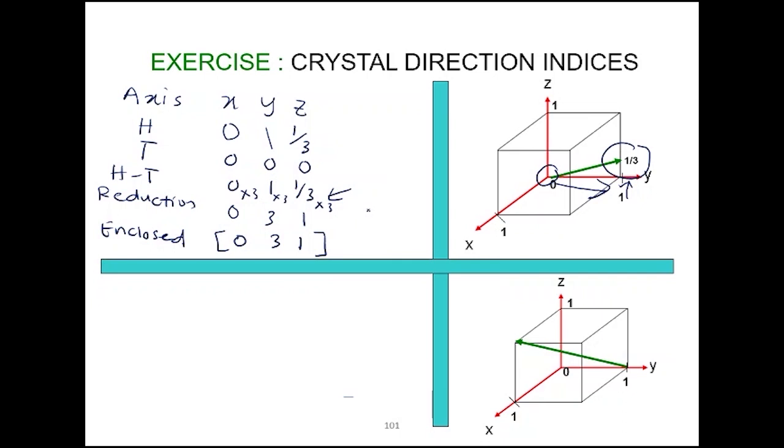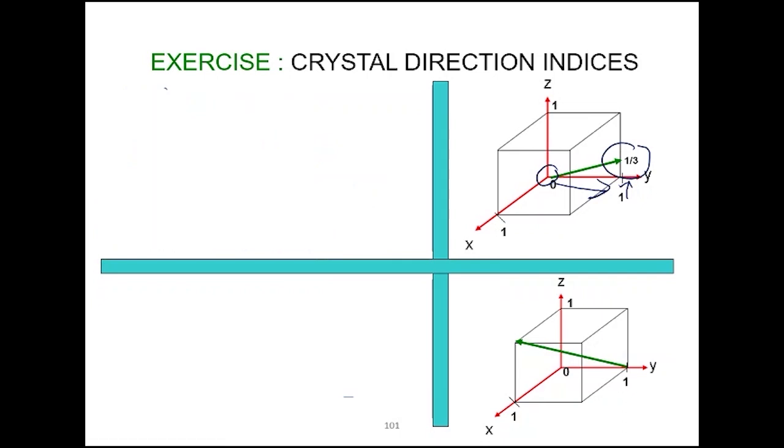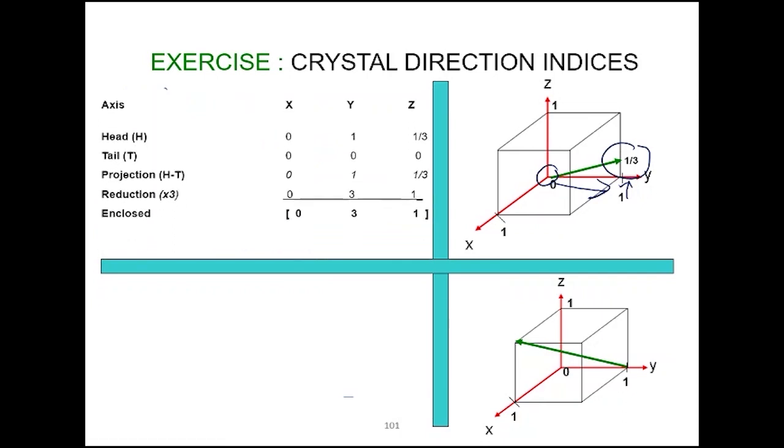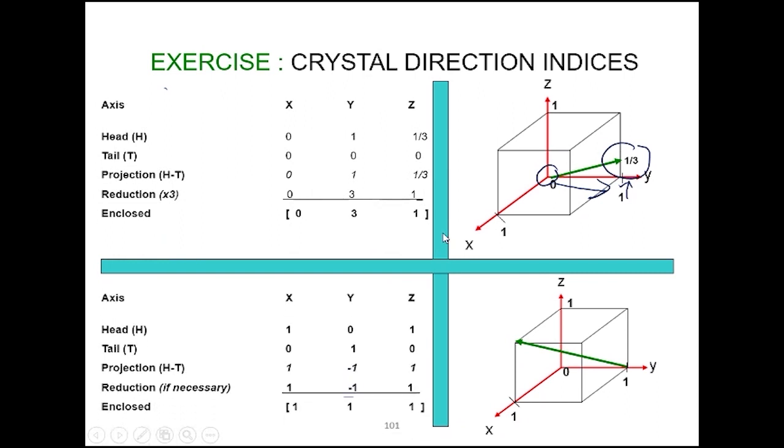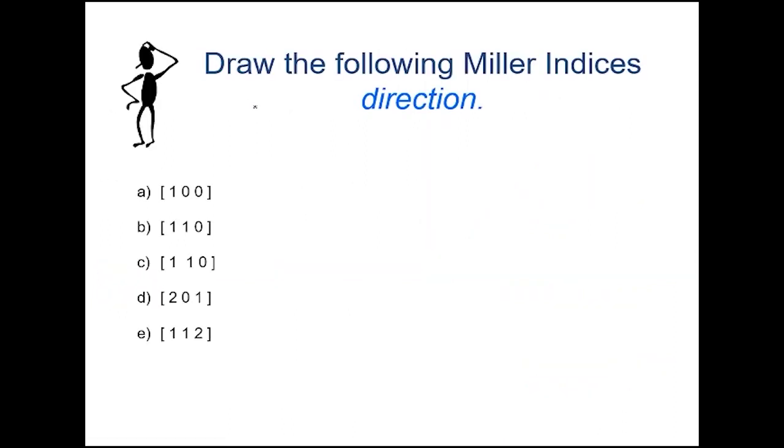Okay, for example 3. Now the problem is we are given the Miller indices of direction. We need to draw the following Miller indices of direction.